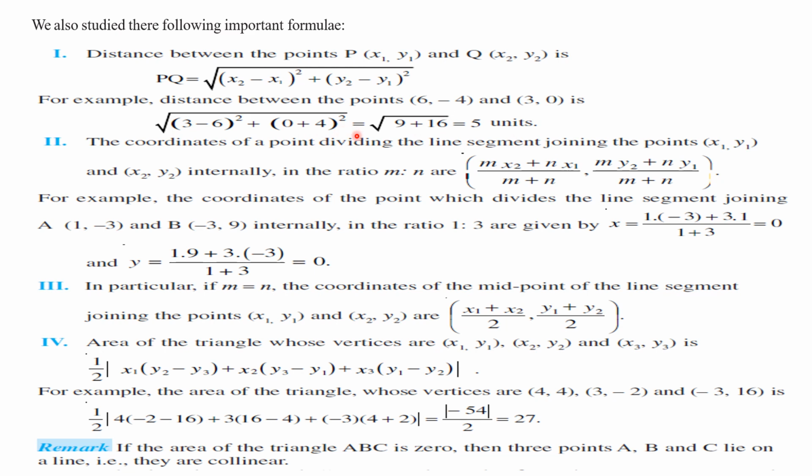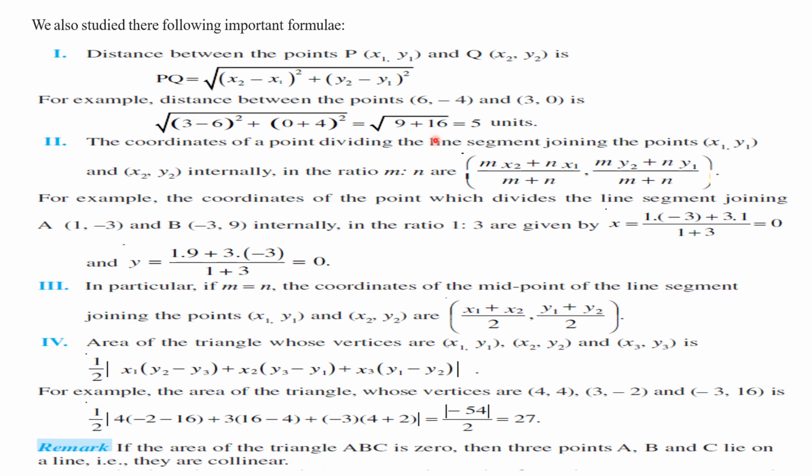That is equal to the square root of, by simplifying, 3 minus 6, which is minus 3, so minus 3 whole square. What will you get here? 9. Plus 0 plus 4, which is 4, and 4 whole square is 16.